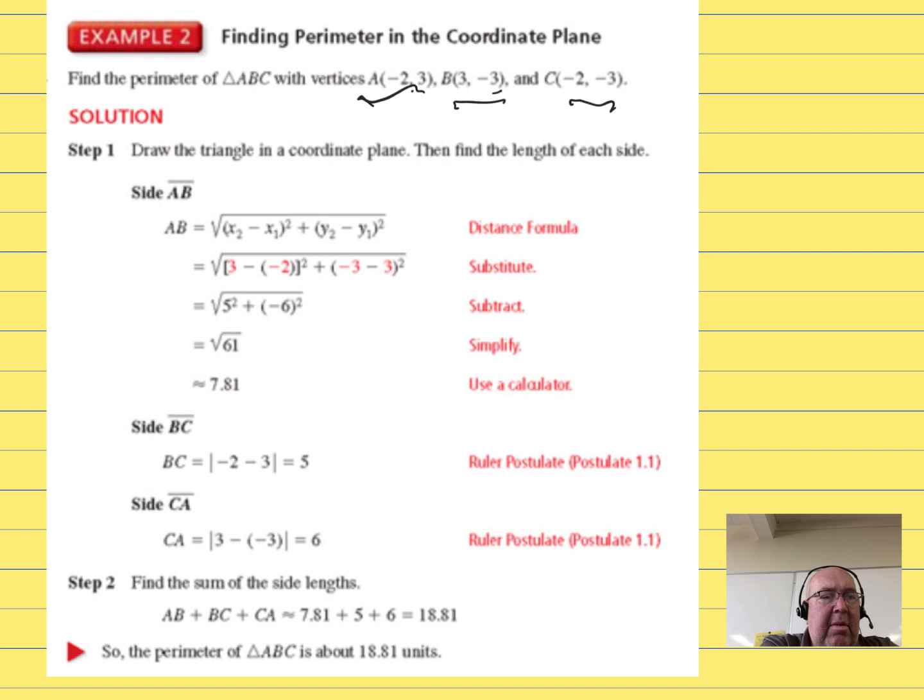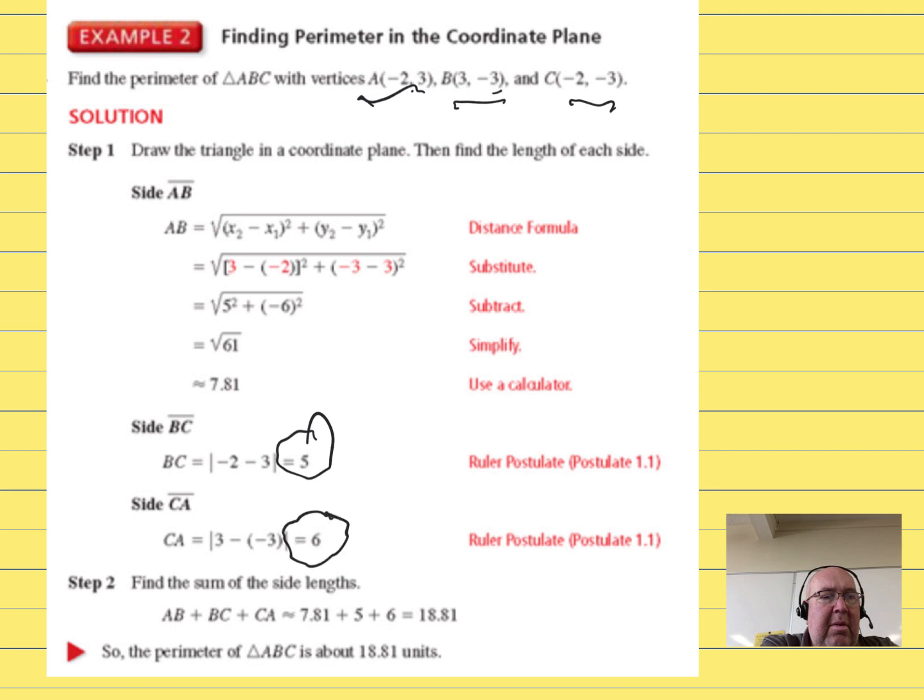So that means that our x value changes from 3 to -2, which is 5 units. And then on the first point and the last point, you can see that we have -2 and -2 for the x values. The y values change from 3 to -3, which is a distance of 6.